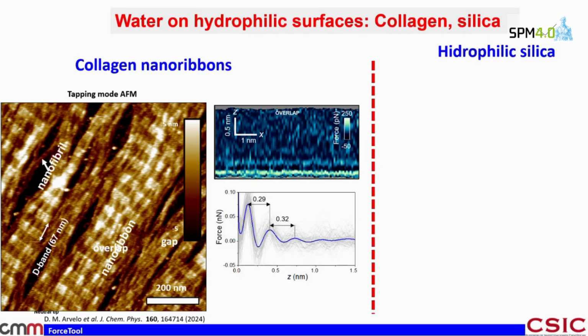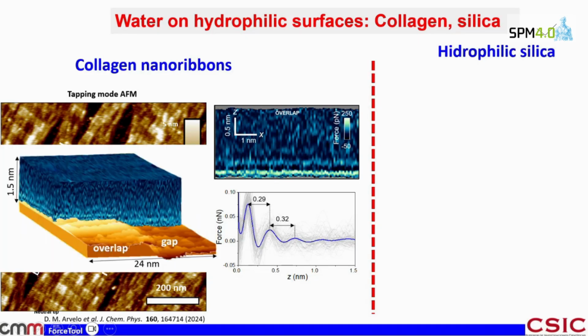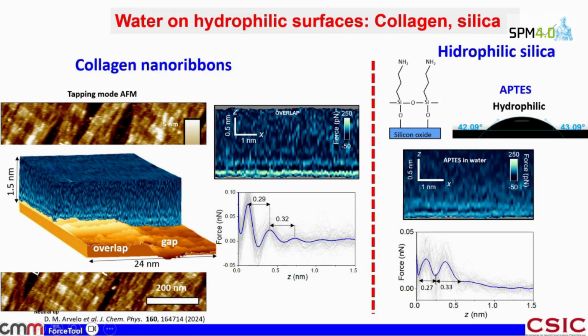And this has been applied also to biological molecules like collagen nanofibers, and we get again this layering of the water on top of the collagen nanofibers. Another type of substrate has some steps, and the layering follows the steps nicely.